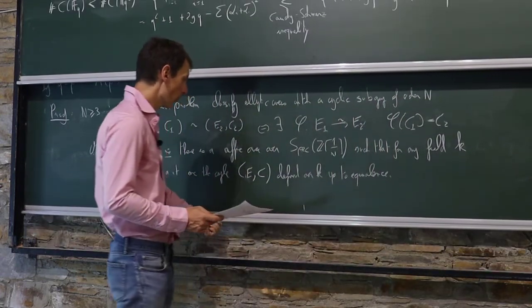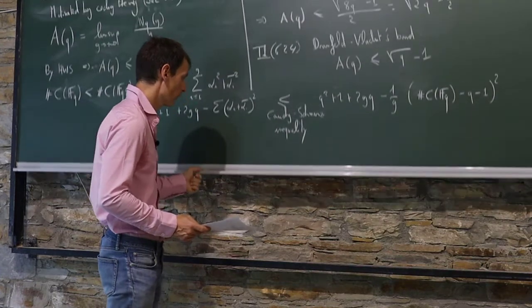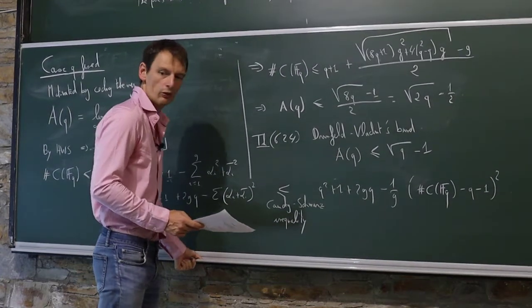But this is an affine curve and we don't want to play with affine curves, so there is always a way to compactify it.